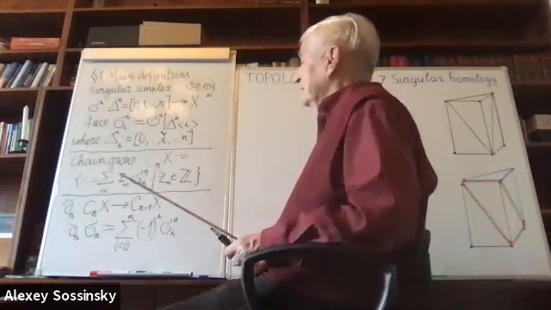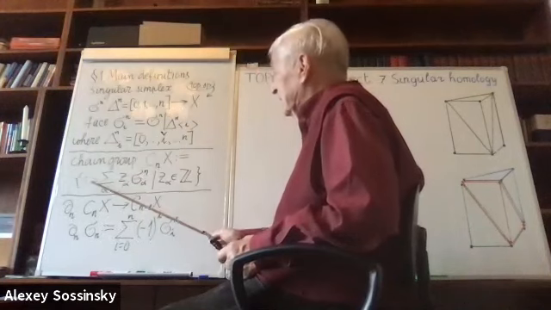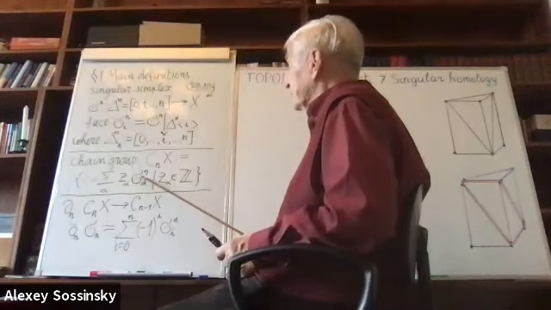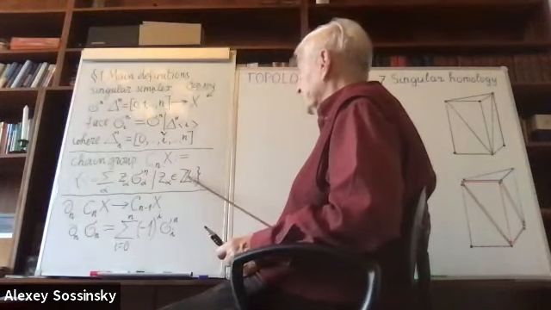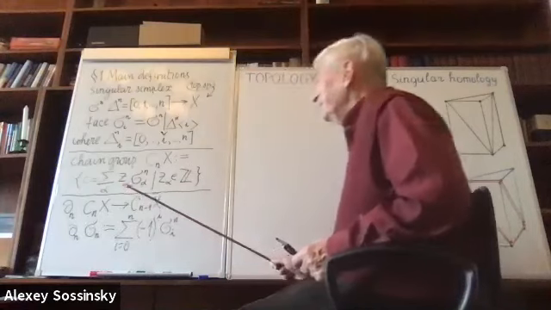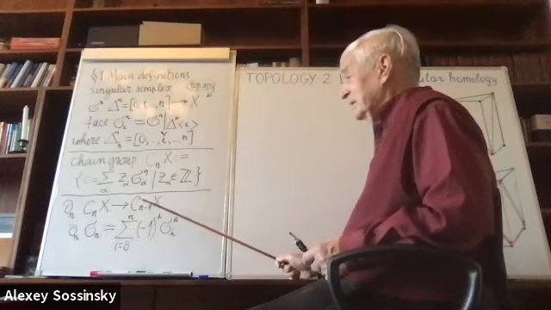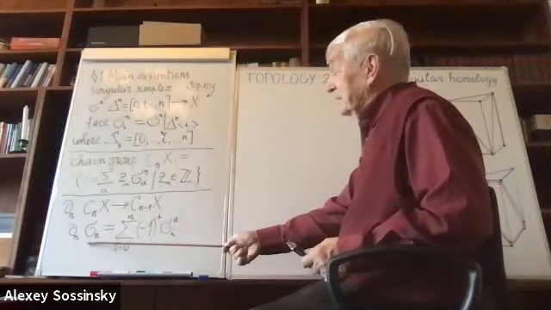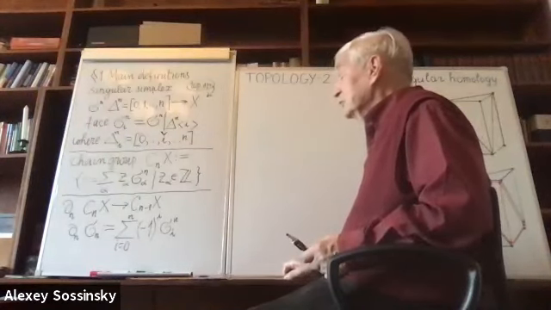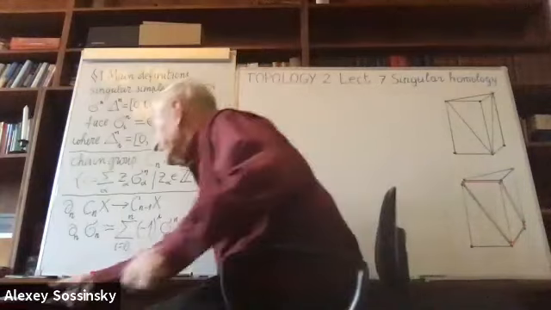A chain group is the set of all finite linear combinations of simplices with integer coefficients. And we define the boundary operator exactly as we did when we were defining the boundary operator for simplicial homology, namely by defining it on a simplex by this formula, and then extending to the whole chain group by linearity.